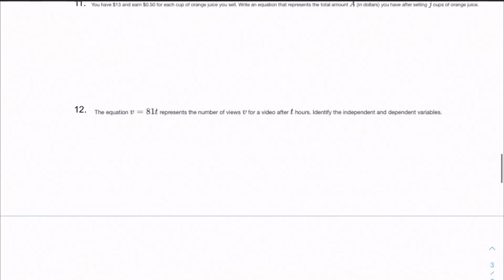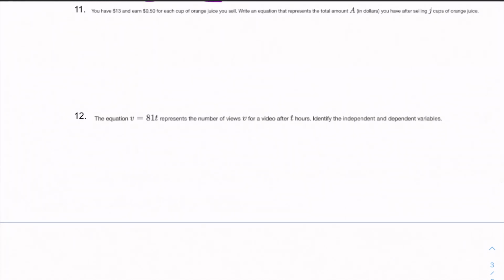Number 11. You have $13 and earn 50 cents for each cup of orange juice that you sell. Write an equation that represents the total amount A in dollars that you have after selling J cups of orange juice.